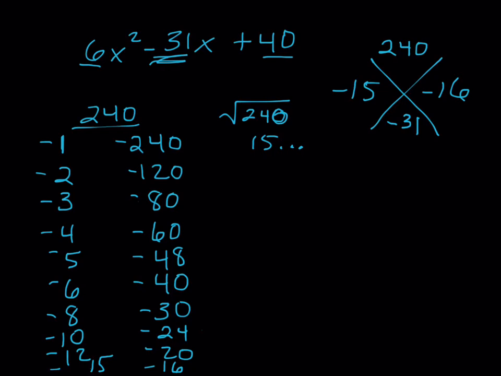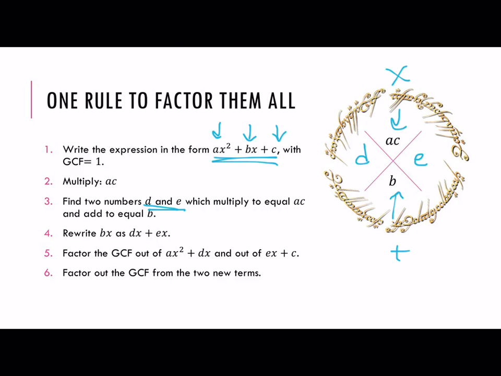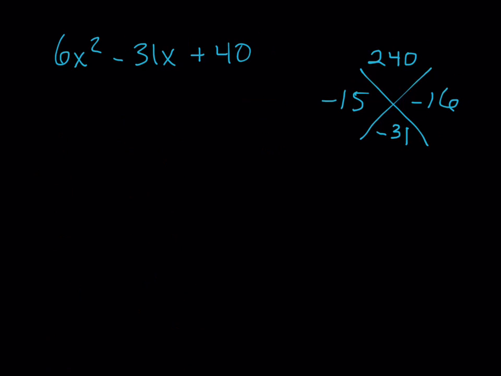Okay, so now we have this x all filled in, so it's time to move to the next step. So next I'm going to rewrite bx, the middle term, as dx plus ex. So I'm going to rewrite it using my two new numbers that I found. All right, so I'm going to leave 6x squared and leave the last term, plus 40.